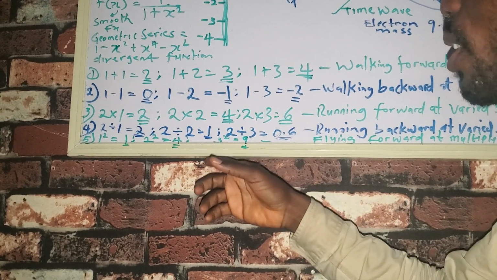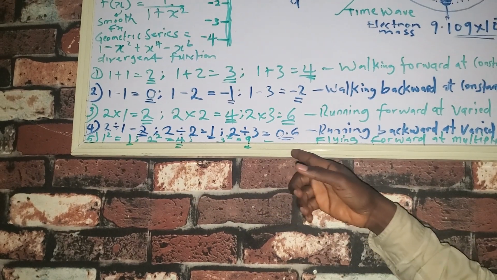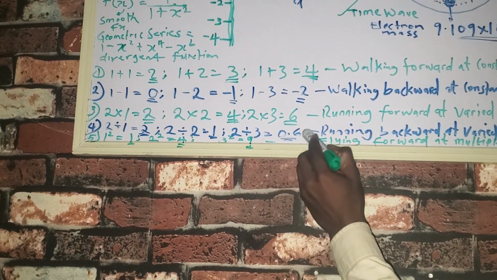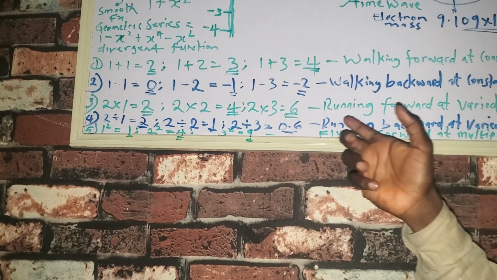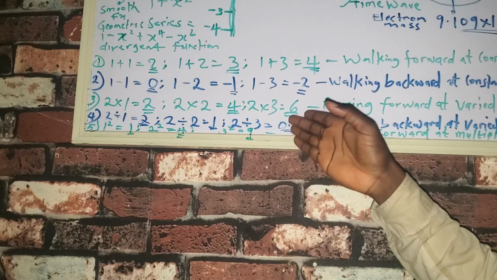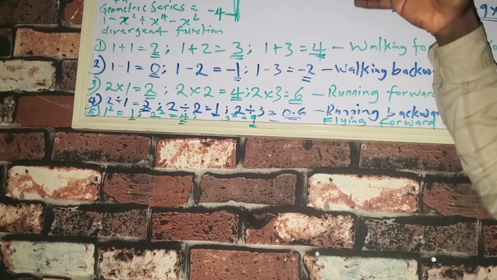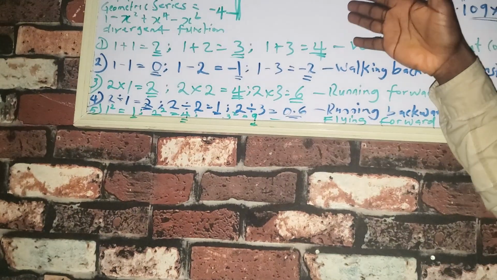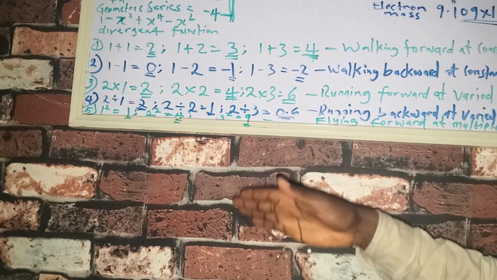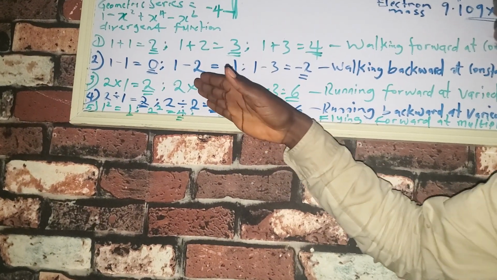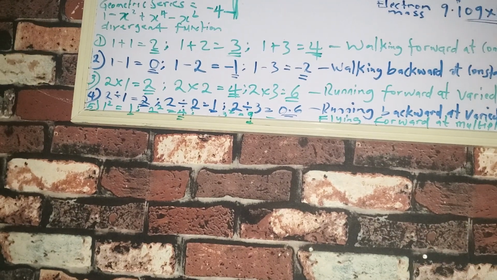And the same thing happens here. For division, there is a problem because this 0.6 is another number, which is a rational number. So we have to extend the number system because of that. Now, what division is doing is different from what multiplication is doing.